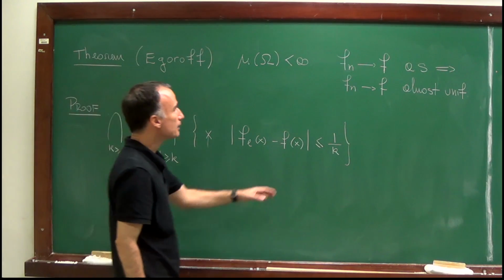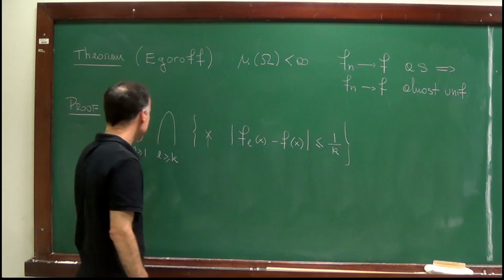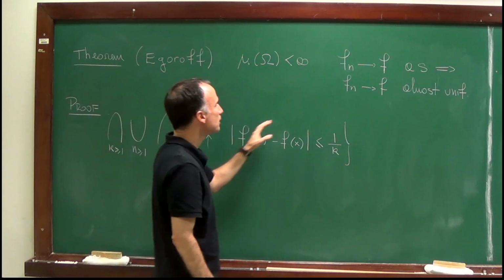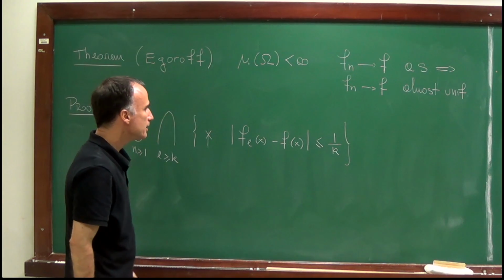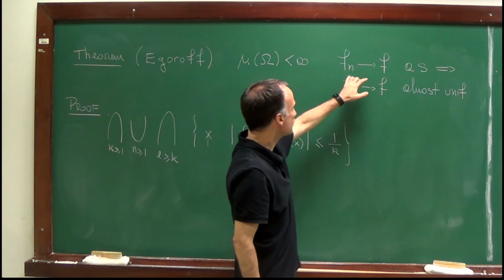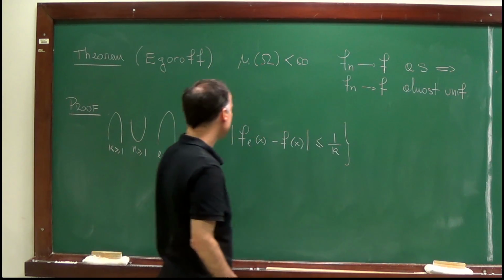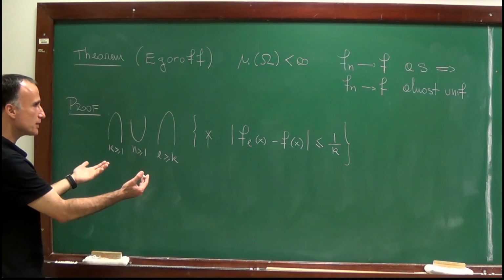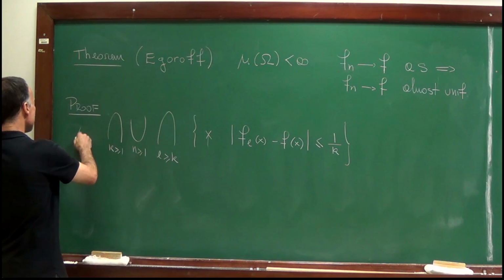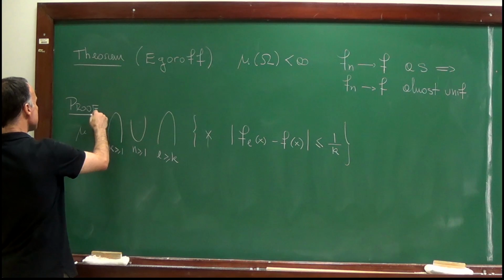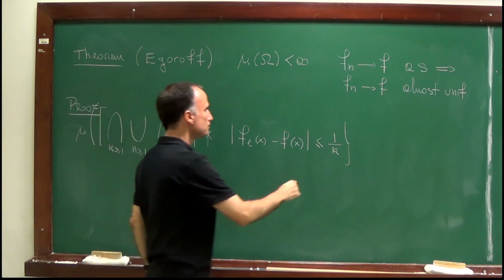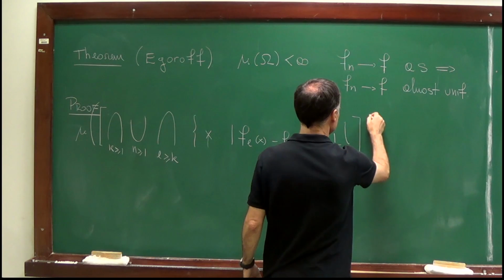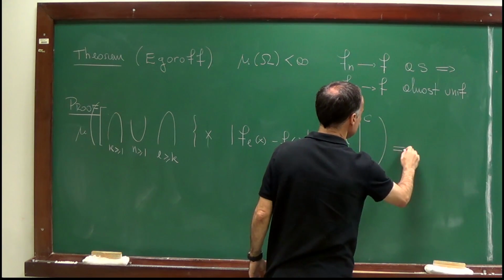And so this is the set of points x for which Fn of x converges to F of x. Since by assumption this convergence is almost sure, this means that the complement of this set has measure 0. So the assumption is that the measure of the complement of this set is equal to 0.